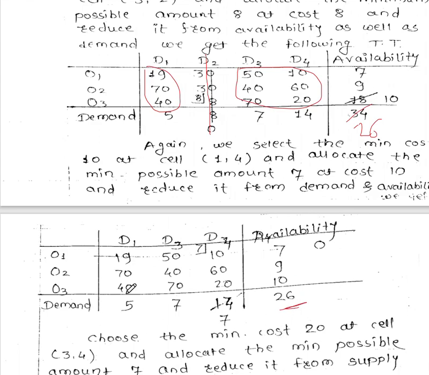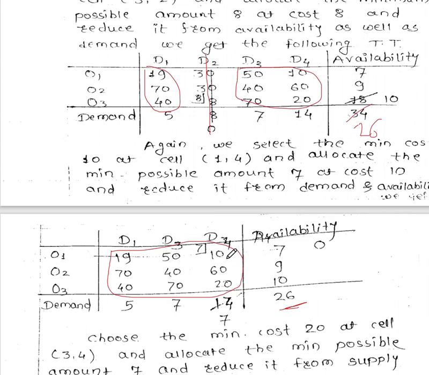Now we have to find the smallest element. We choose the smallest element, which is at cell 1 4, that is 10. So 10 is the smallest element in this transportation table.